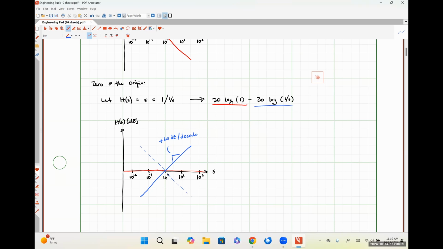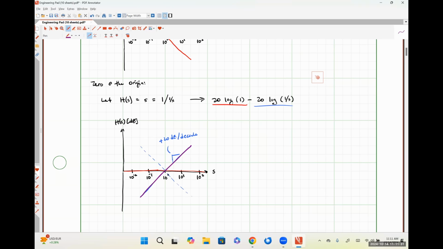And when I add these two together, point by point, I'm just going to get this line right here because I'm adding 0 dB because of that constant contribution. So all I get is just a line that crosses the horizontal axis at s equal to 1, which is the same thing as 10 to the 0th power, having a slope of 20 decibels per decade.